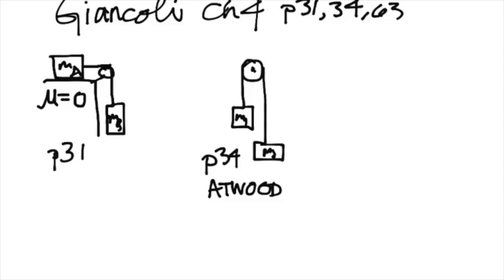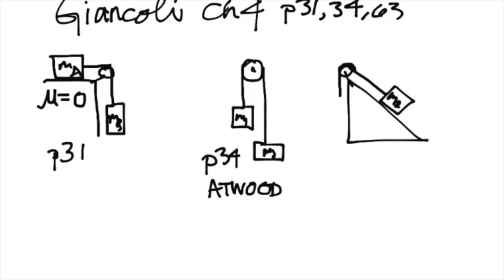But then there's also problem 63, which has a ramp and a mass 2 on it, and it's got a rope tied to it that goes up to a pulley and around that pulley, and there hangs on the other side mass 1.